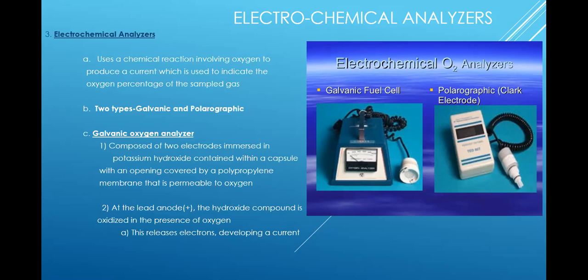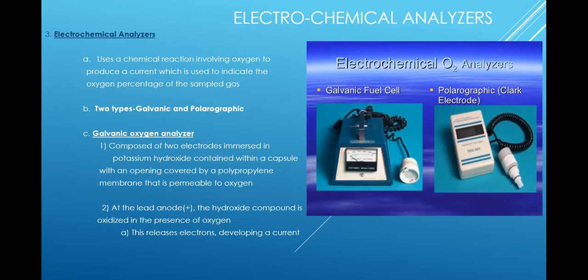The paramagnetic, which is the first type, needs the gas to be dry. Okay, good. Now the third type is the electrochemical analyzer, and they have two types, the galvanic and polarographic. And both of those measure partial pressure of oxygen.